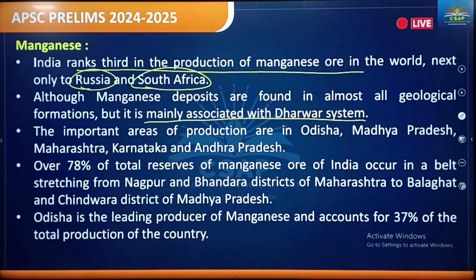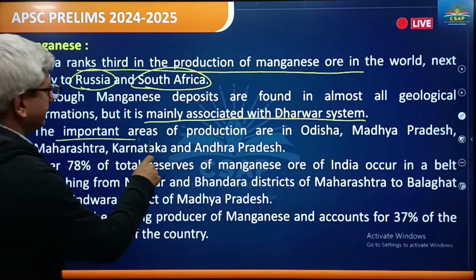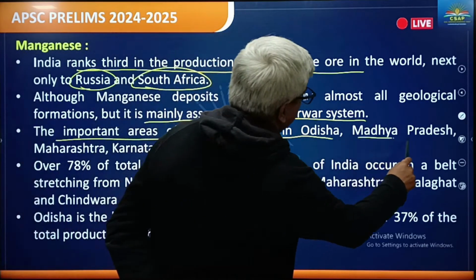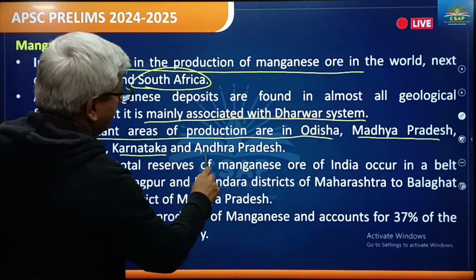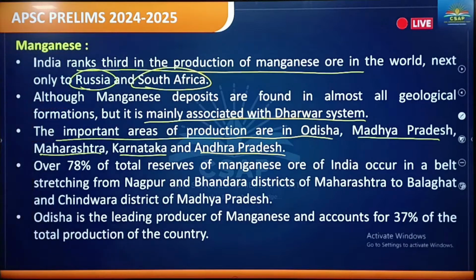The important areas of production are in Odisha, Madhya Pradesh, Maharashtra, Karnataka and Andhra Pradesh.